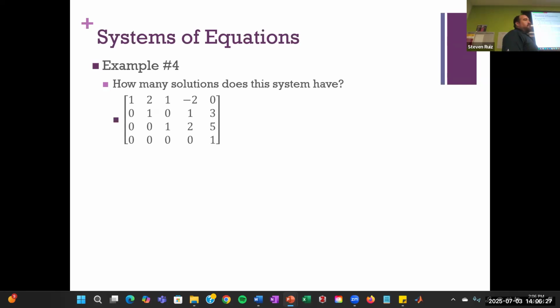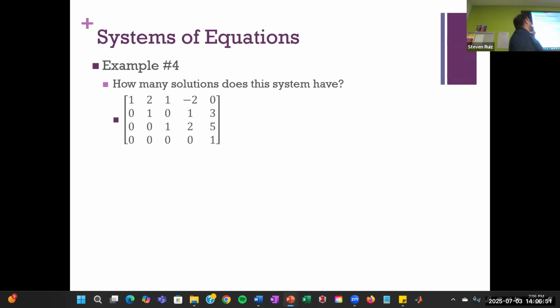Why do we think it's what we think it is? I think it's infinite because of the last row. So let's think about this. Matrices are just arrays of numbers. What does that last row say?